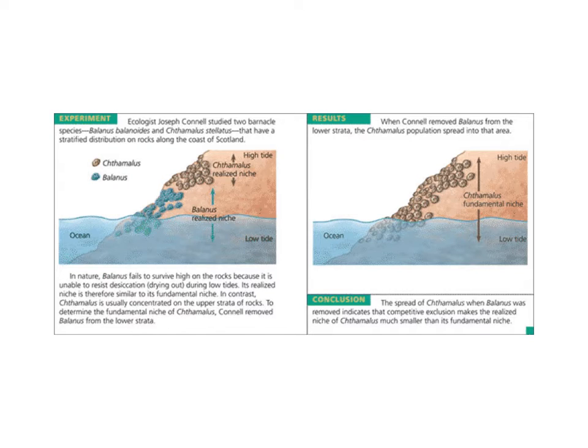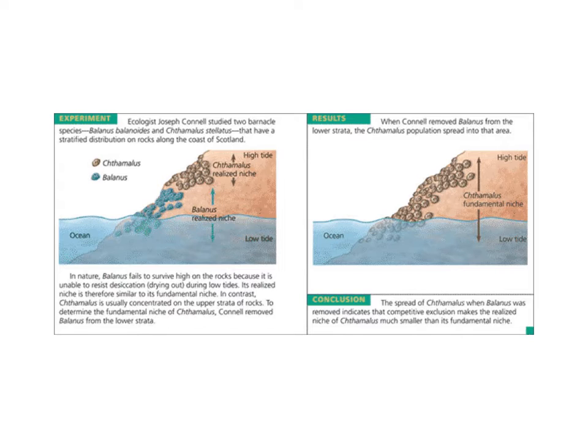He decided to determine whether the realized niche of the Chthamalus barnacle species, the one indicated in brown and at a higher level above the water, was the same as the fundamental niche of that particular species. In order to test this, he removed the Balanus species, the species that had more territory and occupied a space closer to the water and within the water.